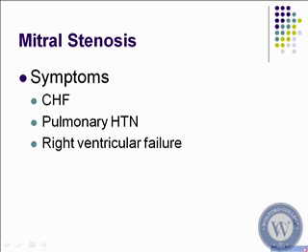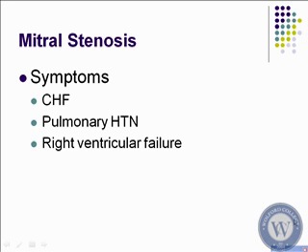Picking it up by listening and hearing a diastolic murmur will allow you to treat this patient more aggressively. If you wait too long, the mitral stenosis will start causing dilation of the left atrium. That dilation is a compensatory mechanism which initially keeps too much pressure from developing in the pulmonary arteries, in the pulmonary veins.